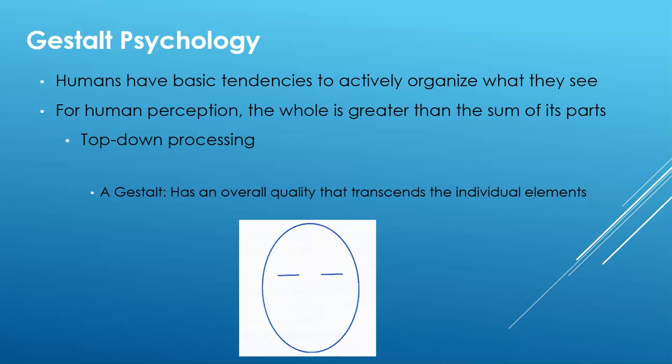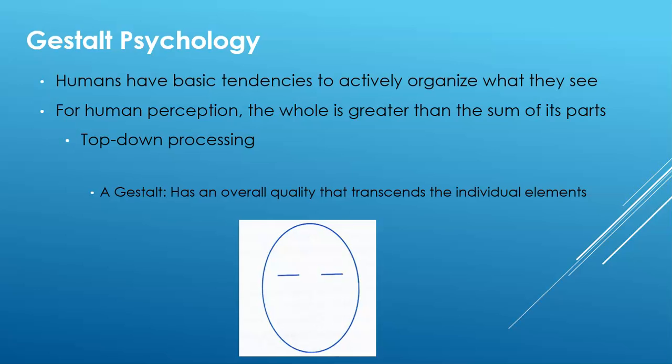Gestalt Psychology. So Gestalt Psychology is the biggest thing we're going to talk about here in understanding perception. It's especially strong in vision, and it's the main, most accepted theory when talking about vision and cognition.